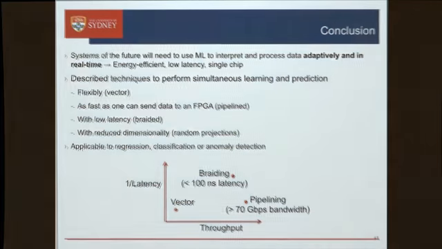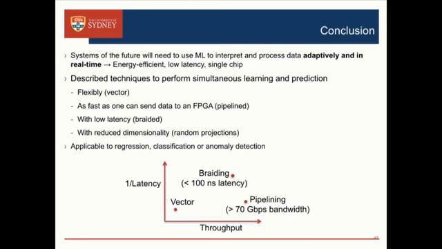So to conclude, we believe that systems of the future are going to need to use machine learning to interpret and process the data adaptively and in real time. So the implementations need to be energy efficient, low latency, and single chip. I described a number of techniques to do simultaneous learning and prediction. If you want flexibility, the vector processor is good for that.